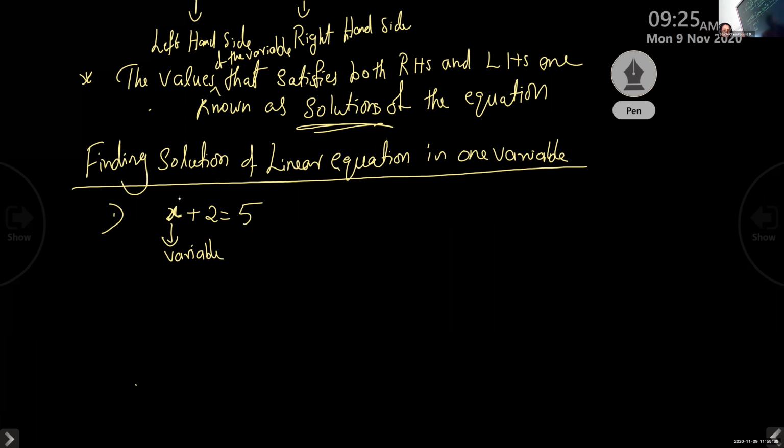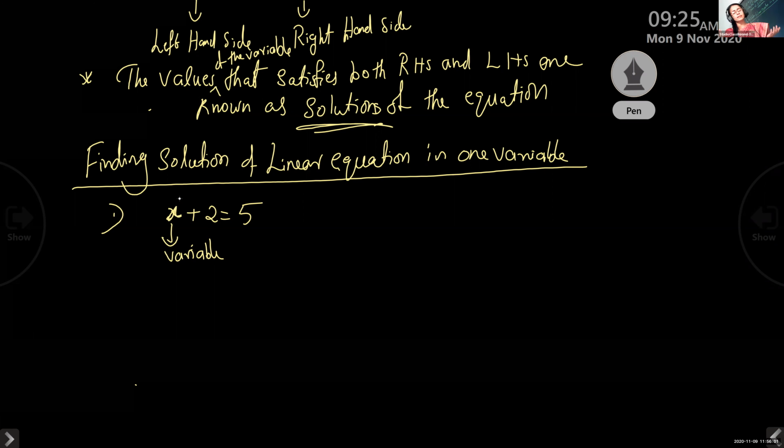Solution means find the value of the variable. Here, the variable is x. So finding solution means we will find the value of x. For getting the value of x, we have two parts, RHS and LHS.